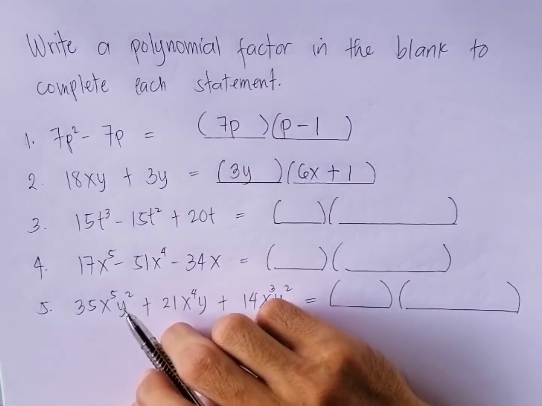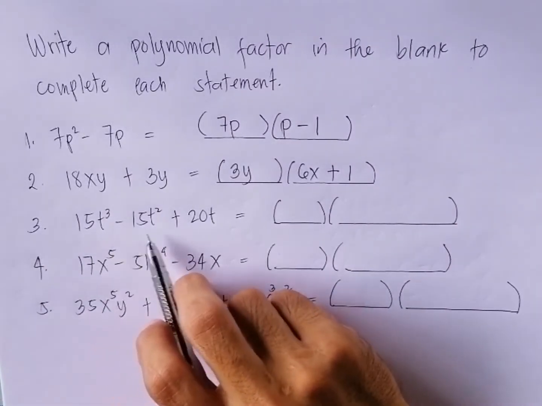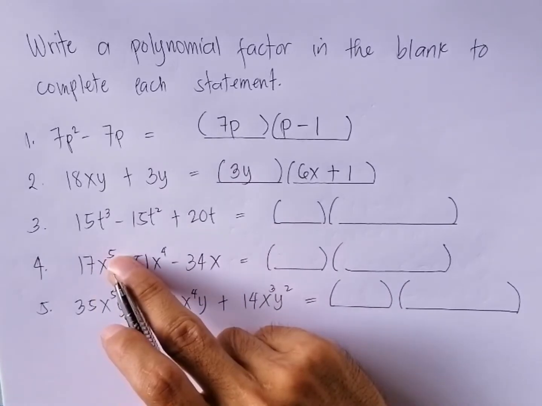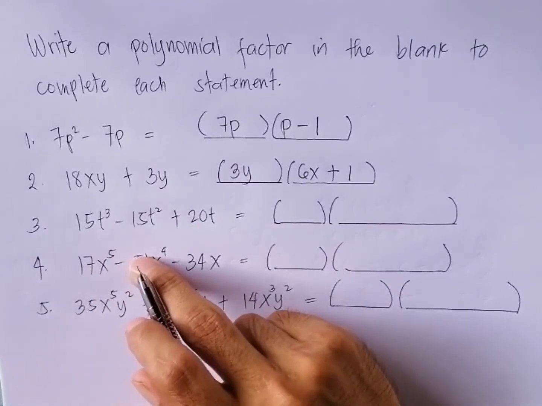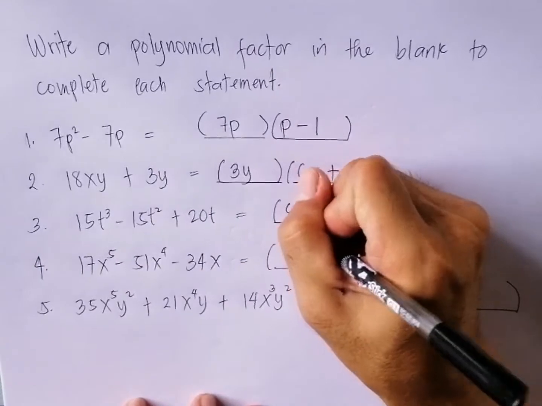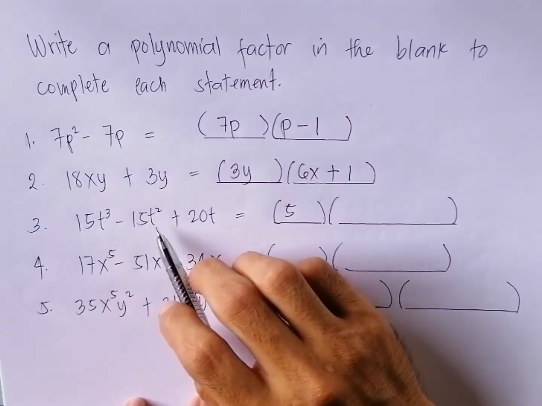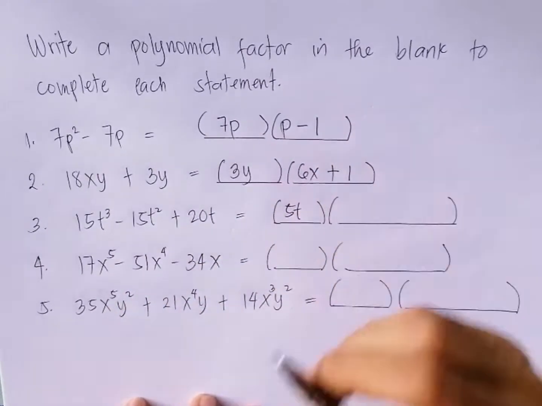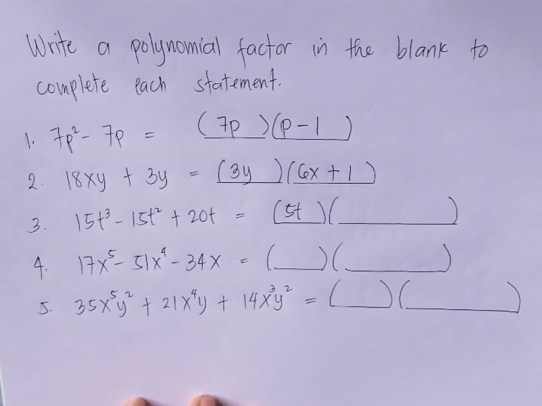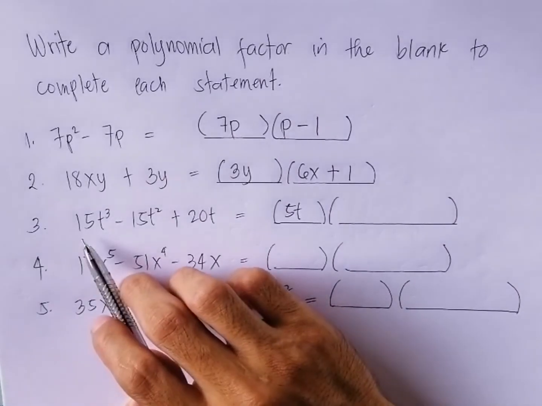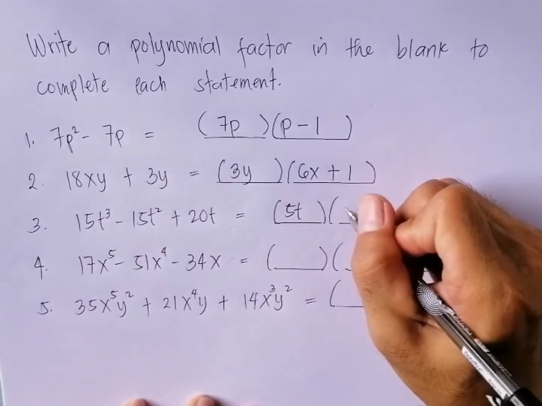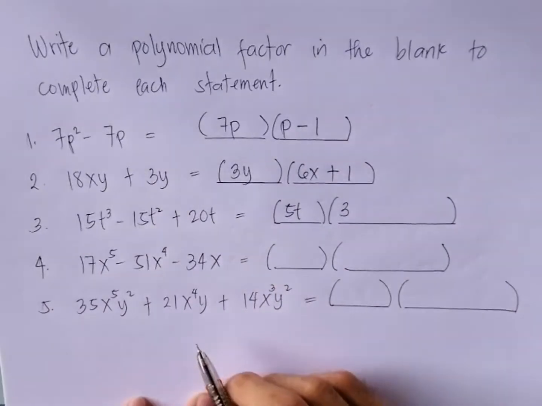Next, number 3. For 15, 15, 20, the GCF here is 5. Then for t cubed, t squared, t, that is t. Then 15 divided by 5 is equal to 3.